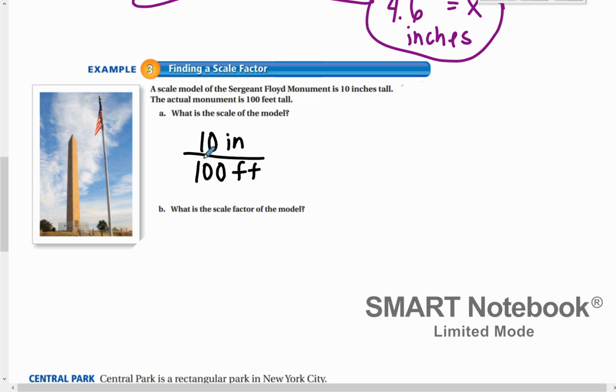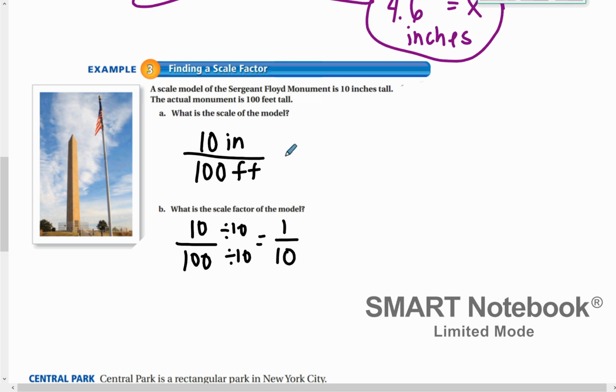The scale, that is our scale. We don't have to simplify scale, that's what they gave us. The scale factor, we do have to simplify that fraction. So I could divide the top and bottom both by 10, which would give me 1/10. So the scale factor of the model is 1/10 the size of what the actual monument would be.